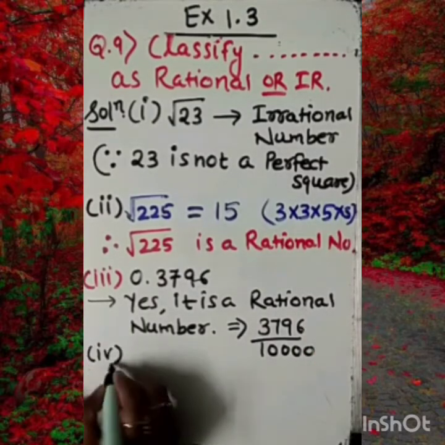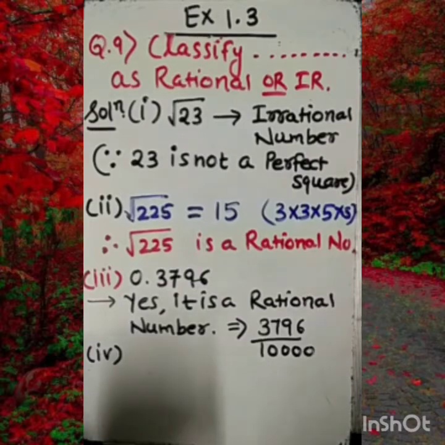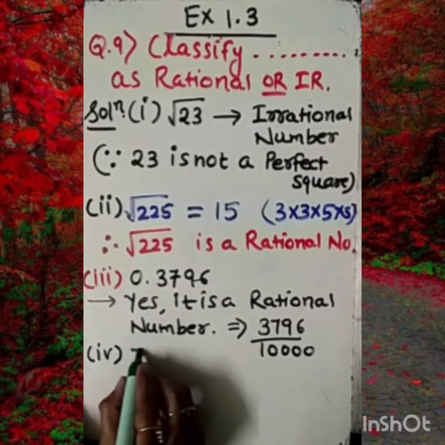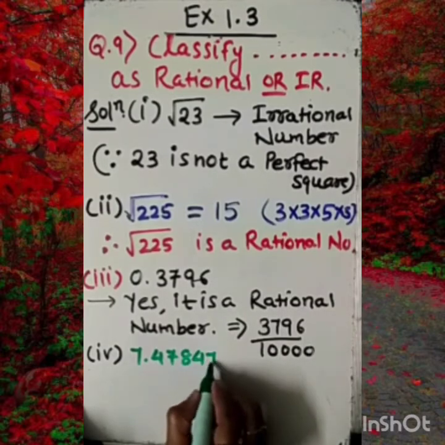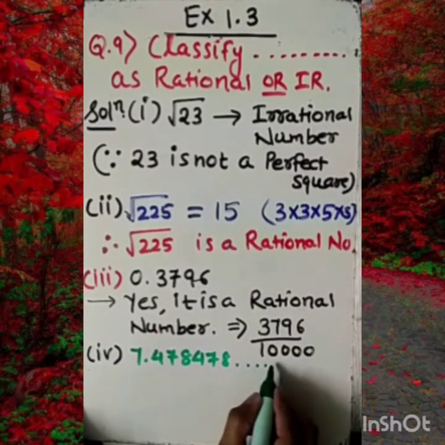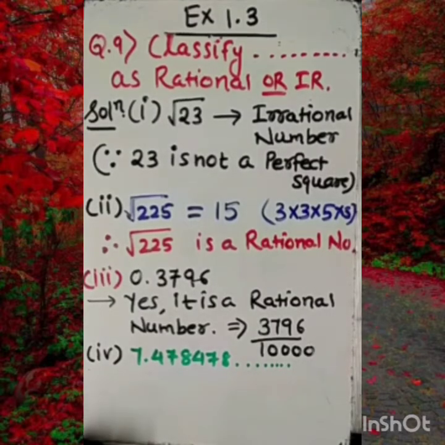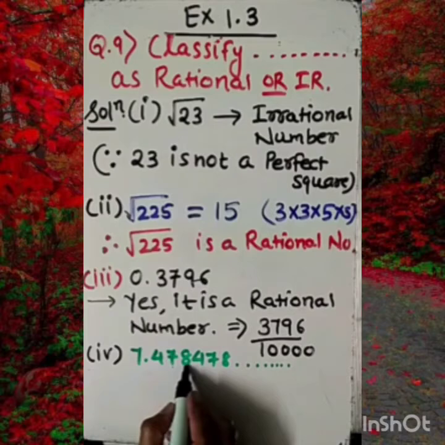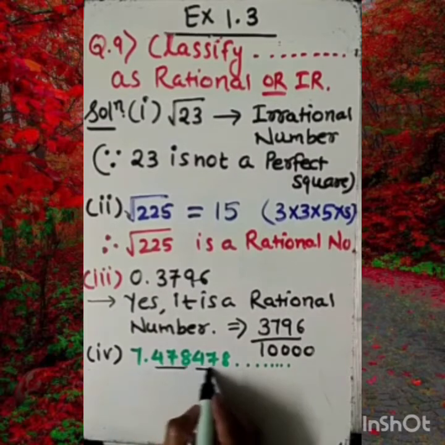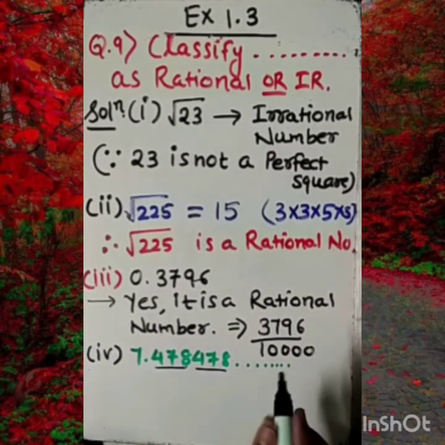Let's work out the fourth. The question we are given is 7.47848 and dot dot dot. Dot dot dot indicates it is non-terminating, but it is repeating. You can see it is repeating at a particular interval: 7, 8, 4, 7, 8, 4, 7, 8, 4, 7, 8.